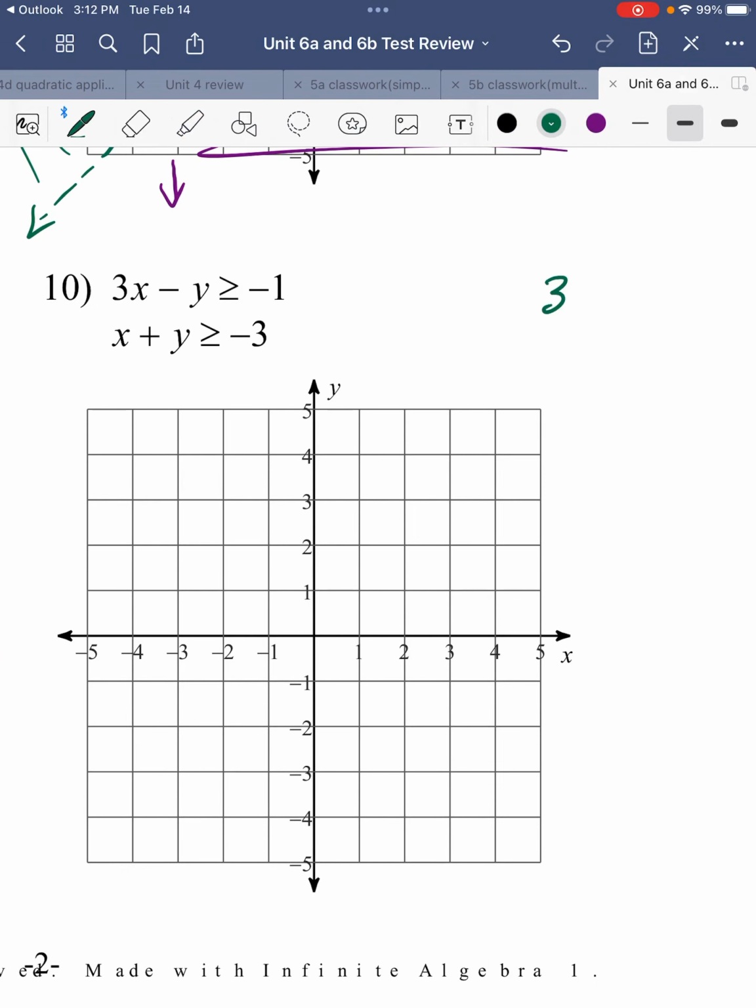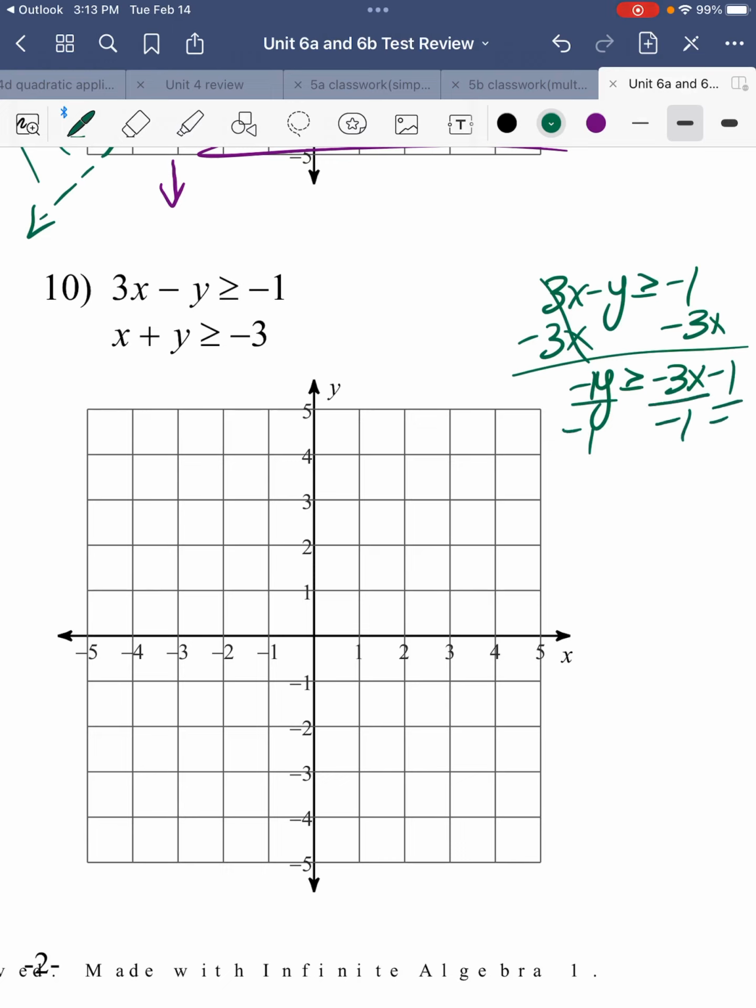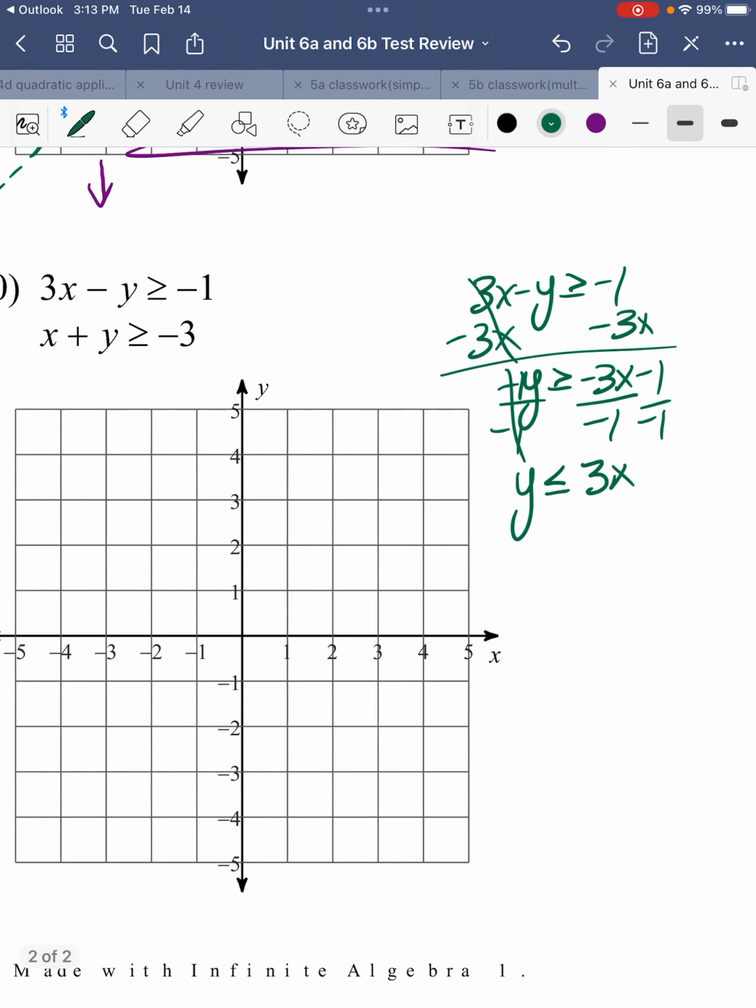And last problem, let's work on it. We have 3x minus y is greater than or equal to negative 1. I'm going to subtract 3x. Negative y is greater than or equal to negative 3x minus 1. Divide by negative 1. We divided by negative, so I got to switch the inequality.